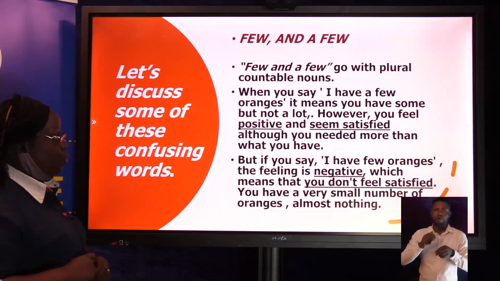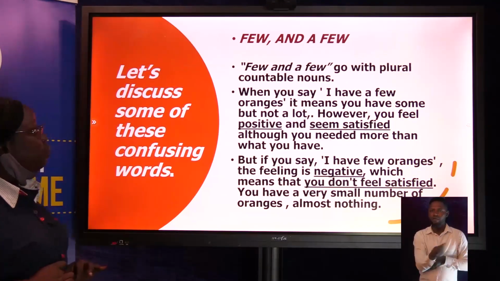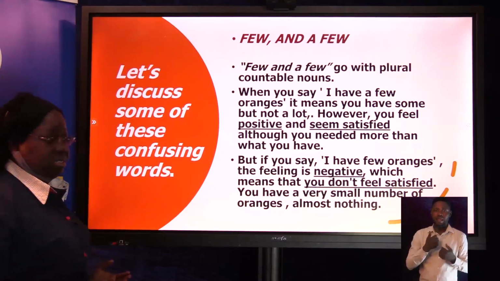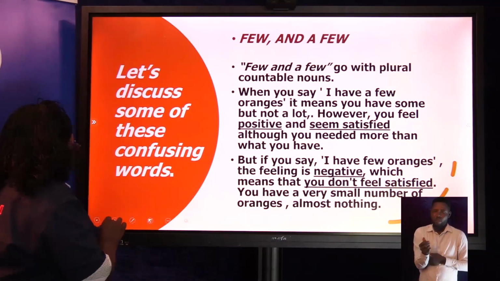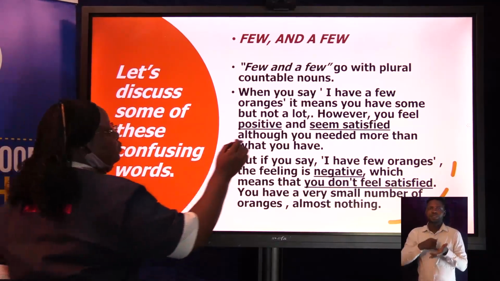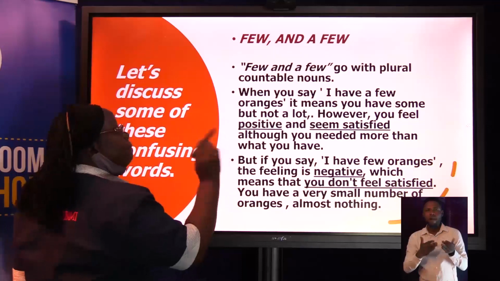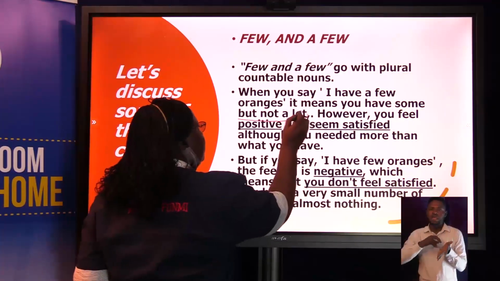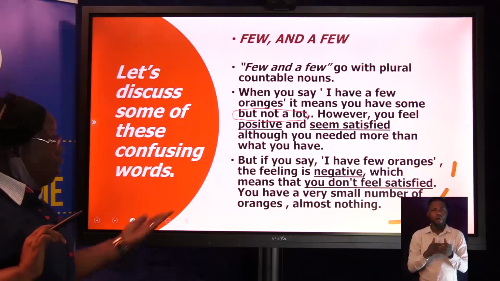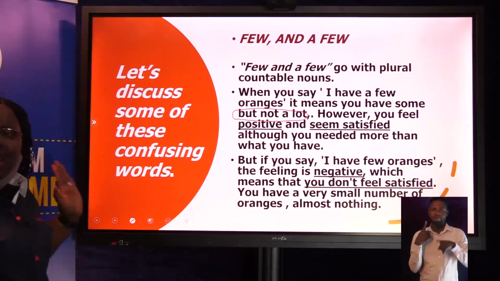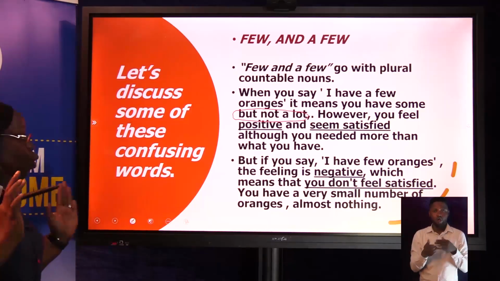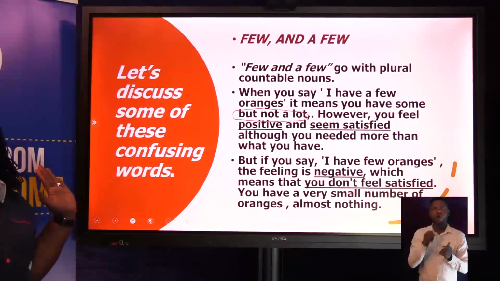When you say, I have a few oranges, it means that you have some, but not a lot. However, you feel positive and seem satisfied with what you have, although you needed more than what you have.